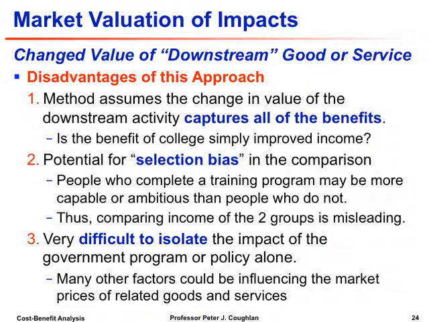Maybe they were a Wall Street trader making big bucks, but they didn't want to do that, so they went back to get their MBA and then went into nonprofit work or something that makes them happier. They might actually have less income than before. Does that suggest a negative value to that education for them? Not necessarily. The benefit of college is not simply about improved income.